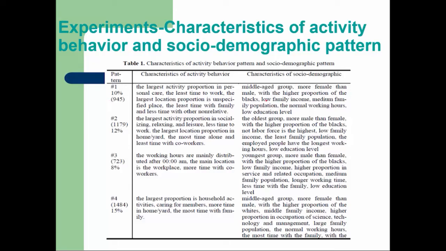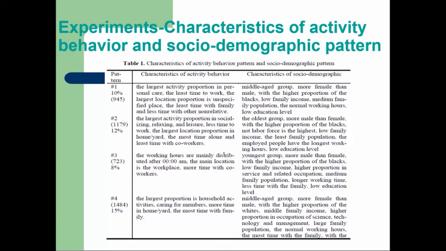Cluster 1, they are middle-age group, low family income, low education level, the least time to work, so most of them in Cluster 1 are middle-aged unemployed people. In Cluster 2, they are the oldest group, not labor force is the highest, low family income, so most of them are old people without labor force.